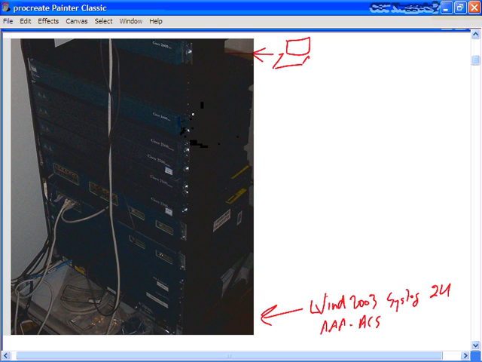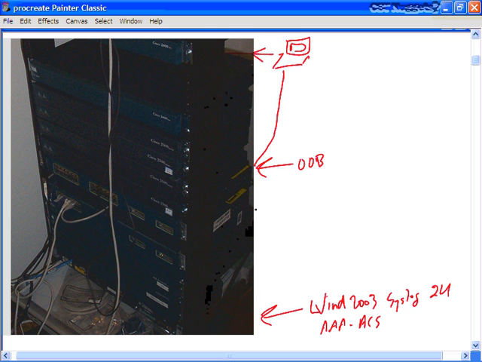I've got 2600 series, 2500 series. One of these is actually what we call an access server. I use this as my out-of-band management. So I connect from this actual laptop to this out-of-band access server, and I can basically use a console session. I can connect to all these devices.